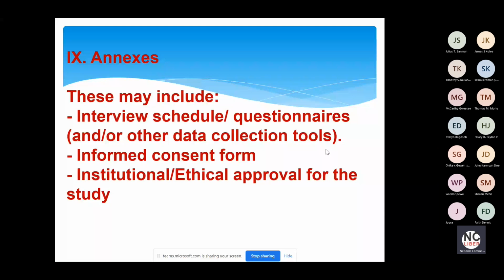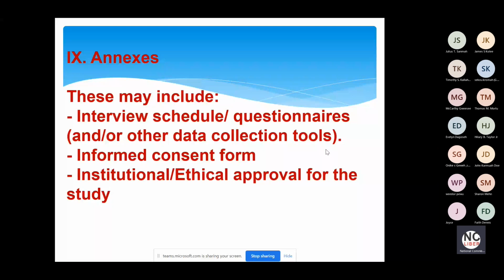The informed consent form will let the people agree: yes, I agree to go through this interview to provide answers, and I'm informed that the interview answers will only be used for educational purposes or for a particular purpose that has been stated. You have to provide that form. Then whoever is responding agrees to it.